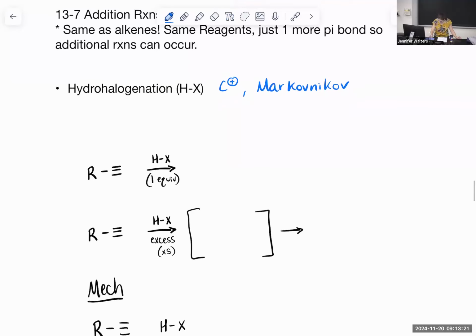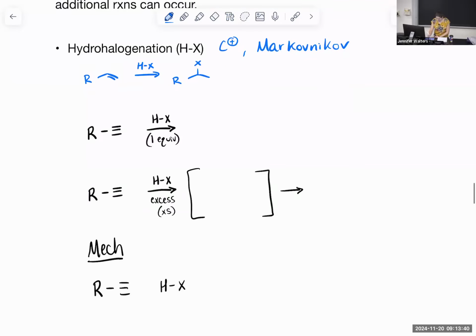So when we had it with an alkene, we got our halogen in the middle, the hydrogen on the outside. When we have our alkyne, we're going to do the same thing. If you have one equivalent, then you only have one hydrogen and one halogen to add, so you only do one addition.